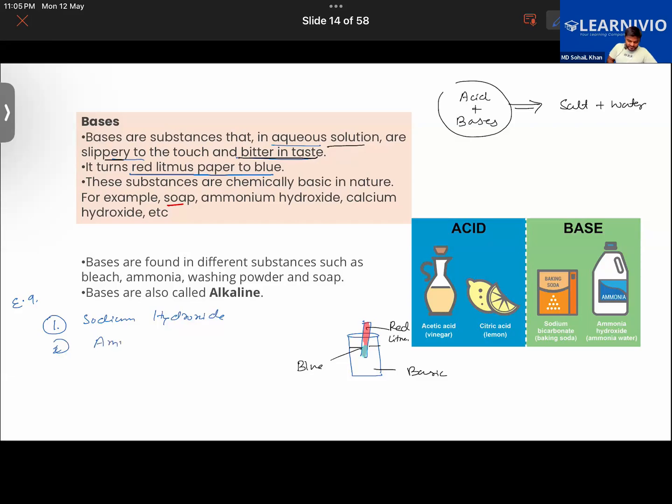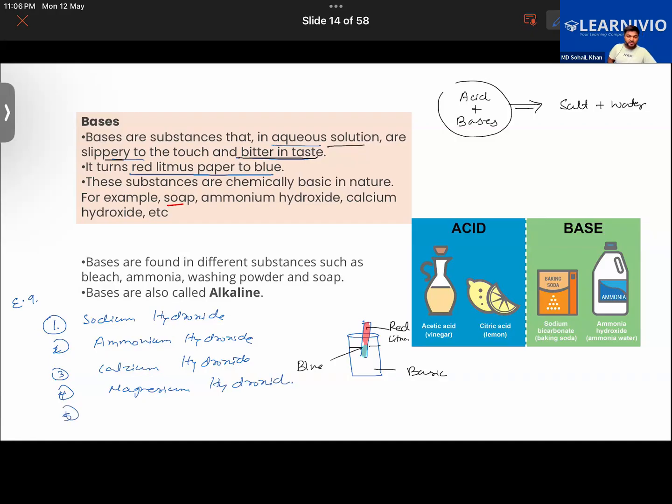Ammonium hydroxide is an example. Then calcium hydroxide. Further, you have got magnesium hydroxide also.